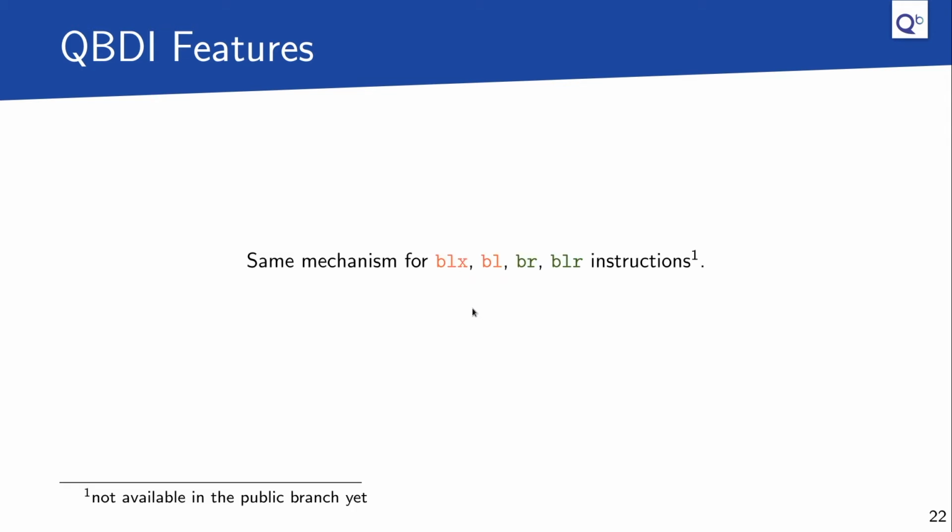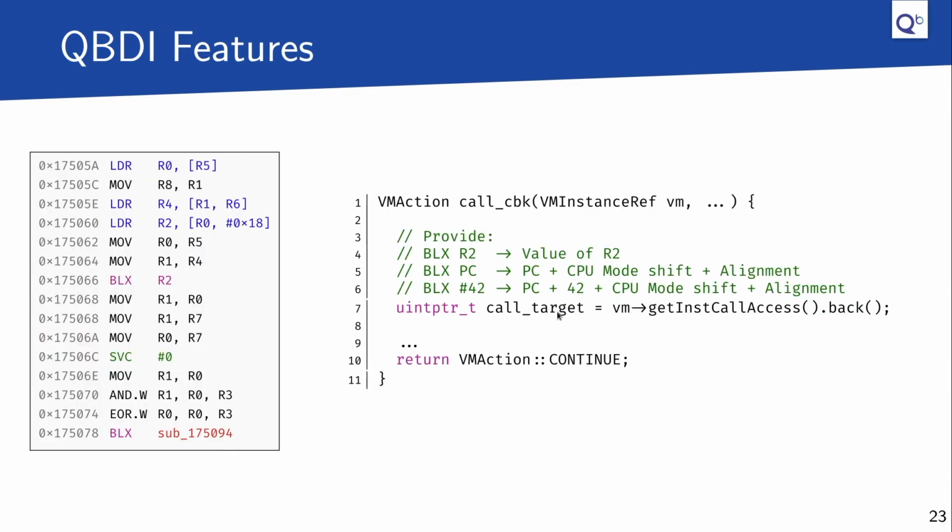We have the same mechanism for branch instructions, so BLX, BL for ARM, or BR and BLR for ARM64. If, for instance, you want to know the value of R2 associated with this branch, you can just access this value through the instruction analysis and back.